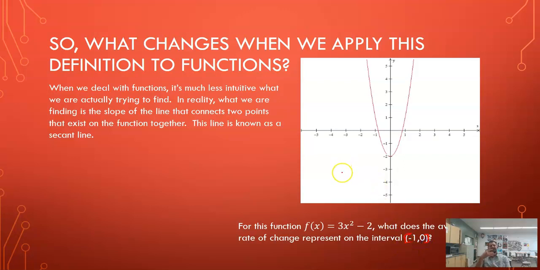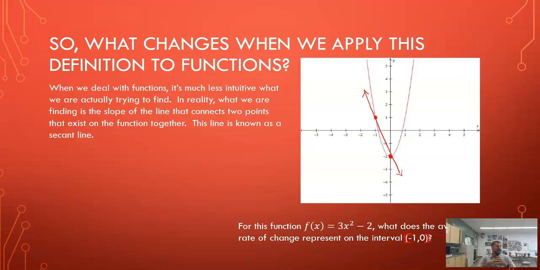So what this is saying, and we're not going to talk about exactly how to find it yet, is that I want to find 2 different points on this function. The first point is going to be when x equals -1. The second point is going to be when x equals 0. And what I want to find, in a problem like this, is the slope of the line that connects those 2 points together.